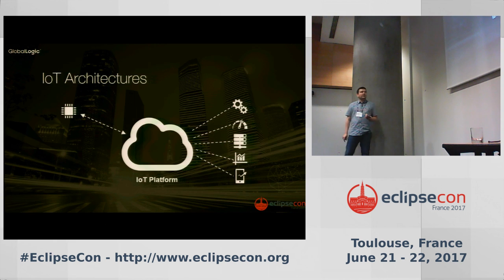So usually IoT architectures are created in the context of the cloud and connecting devices to the cloud and to some enterprise applications. So here we see that one device is connected directly to the cloud.